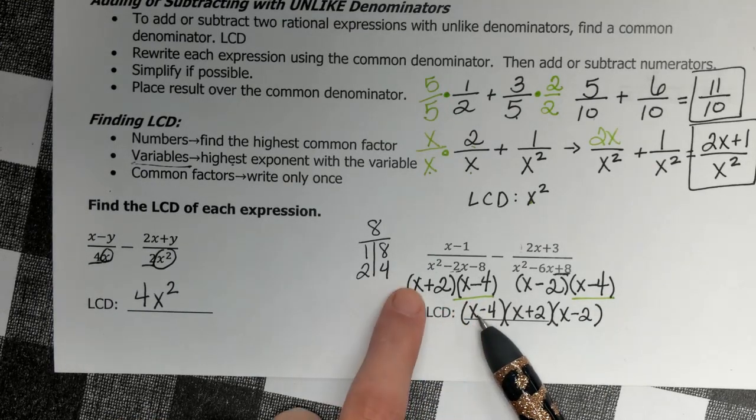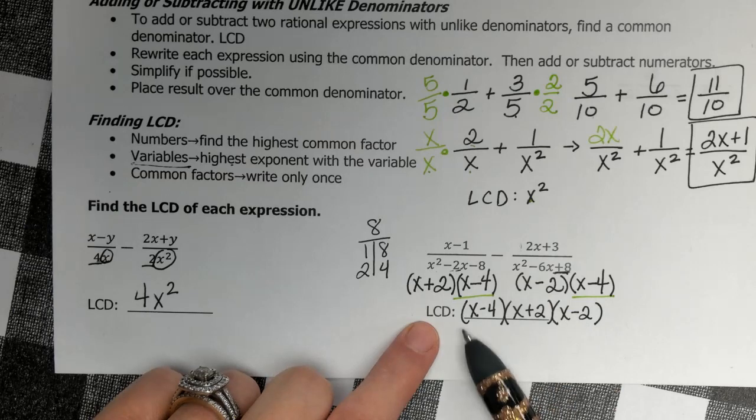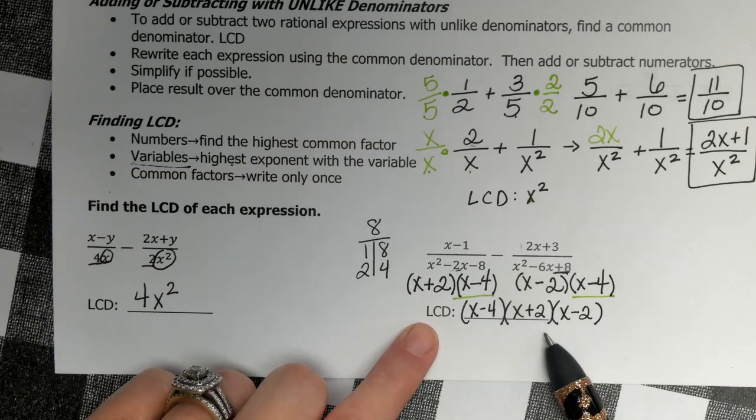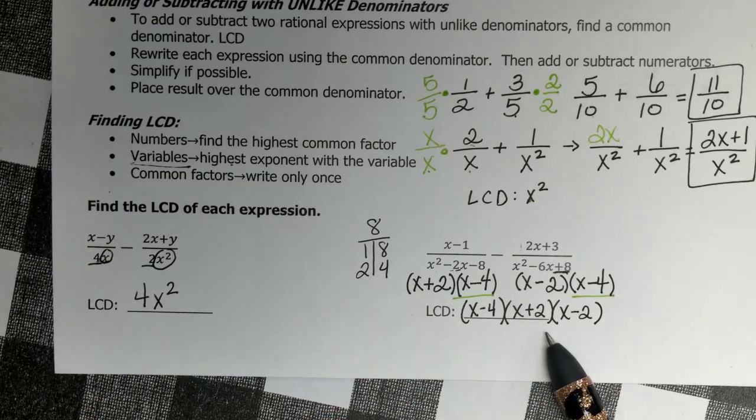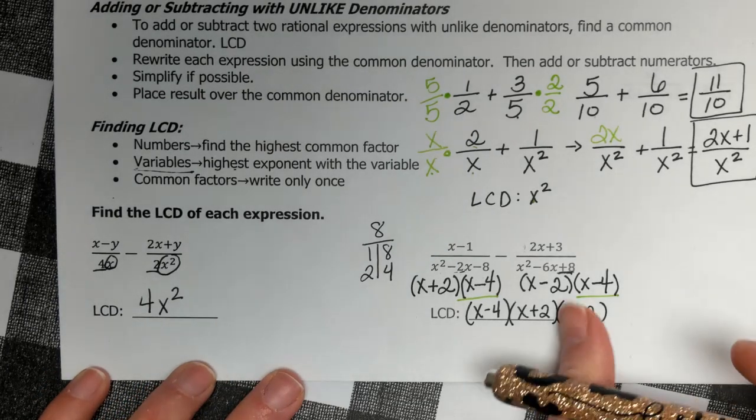And then whatever my other factors are, those have to be a part of my LCD. To me, I think once you factor it, this is the easiest LCD to find because it's just pulling your factors down. Do you have questions on this? Okay.